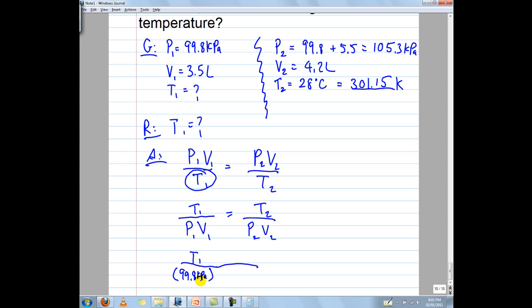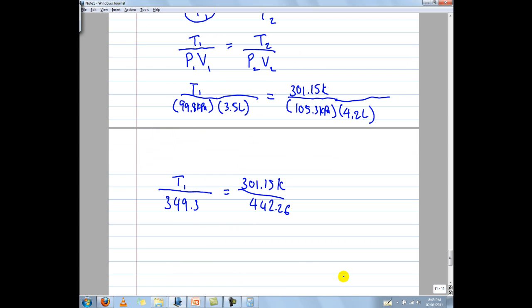Pressure 1, 99.8 kilopascals. Volume 1 is 3.5 liters, which equals the temperature 2, 301.15 kelvins. Pressure 2 is 105.3 kilopascals, and volume 2 is 4.2 liters. So here I've just simplified it and multiplied these two numbers, which makes 349.3.